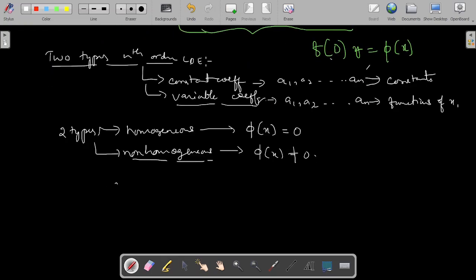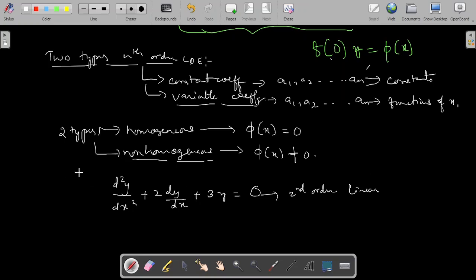See, for example, d square y by dx square plus 2 into dy by dx plus 3y equal to 0. This is an example of second order, because the highest order derivative is second order. Linear, because the highest power of each derivative is 1 and the highest power of y is also equal to 1.